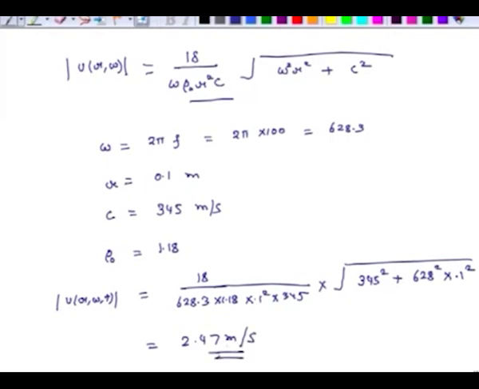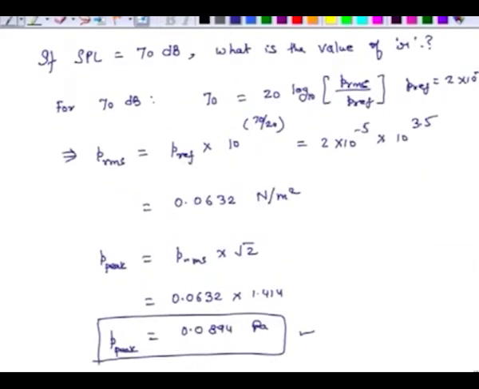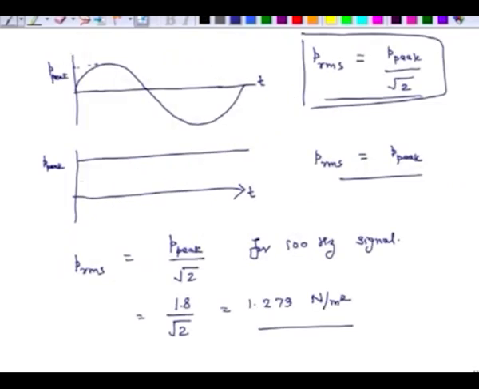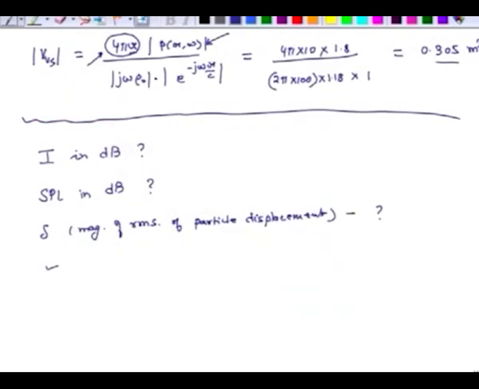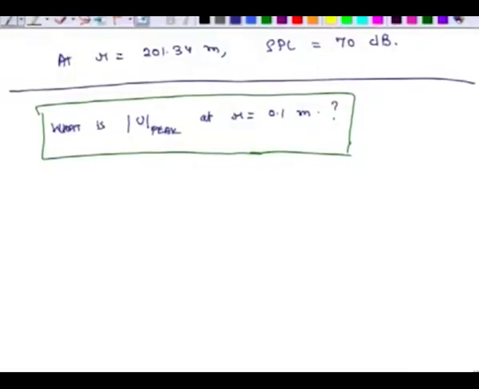Okay. So, at 10 centimeters, the value of the peak velocity is 2.47 meters per second, and earlier we had computed that at 10 meters the velocity was 4.42 times 10 to the power of minus 3 meters per second. So, it is not a linear relationship, where if I go 10 times further, my velocity goes down by a factor of 10, because of these complex impedance terms.